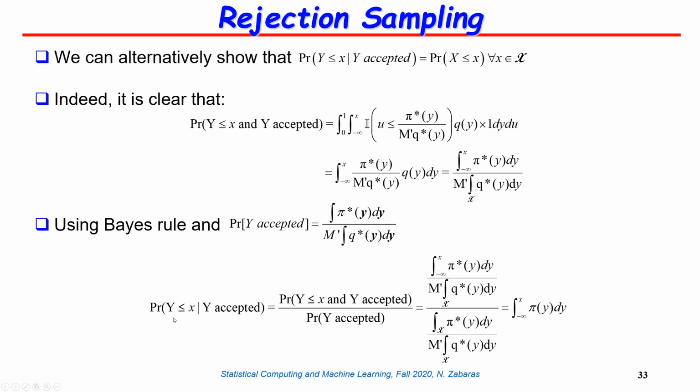So the probability of y being less or equal to x, given that y is accepted, is the CDF of pi of x, and so I am proving basically that it is exactly identical to the probability that capital X is less or equal to little x, which means the algorithm works, and I do sample from the correct probability distribution. Again, you have two alternative proofs.